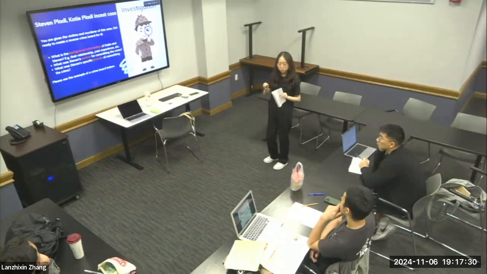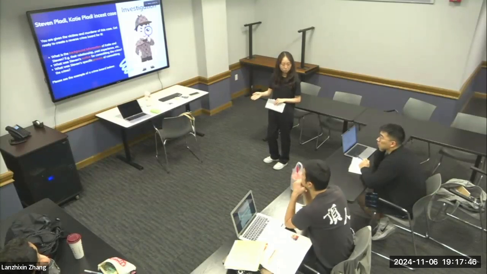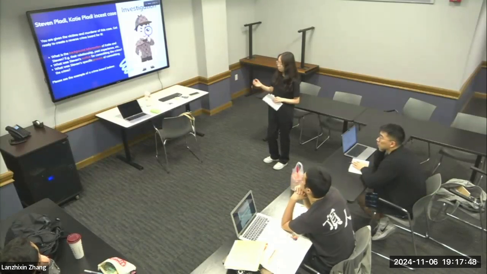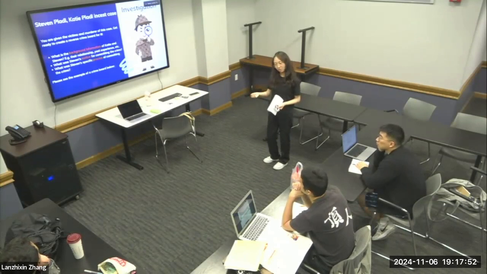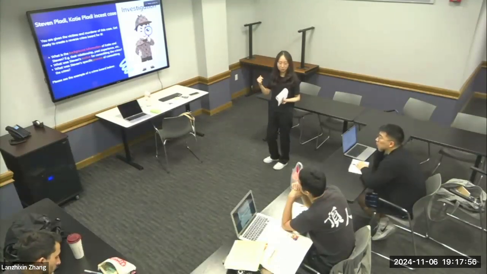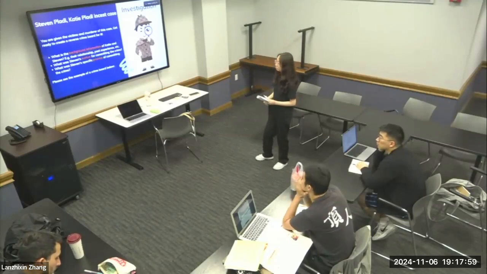What you need to find out is something else besides what I give you, like the background information of Katie and Stephen. Katie is the daughter and Stephen is the father. For example, their relationship and their past experience, what Stephen had done to Katie, some background information for them.